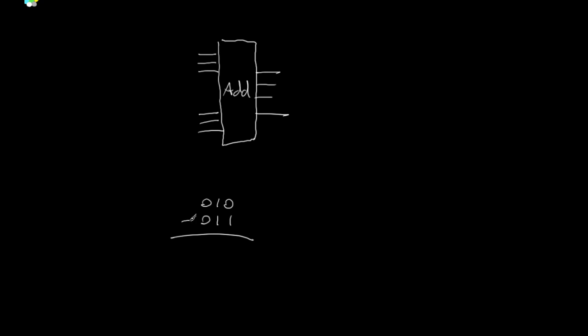Say we've got 3 bits here, 3 bits here, and 1, 2, 3, 4 bits out. We want to add two 3-bit numbers together to get a 4-bit result. So it's going to look something like this. And we have to add these binary numbers together.